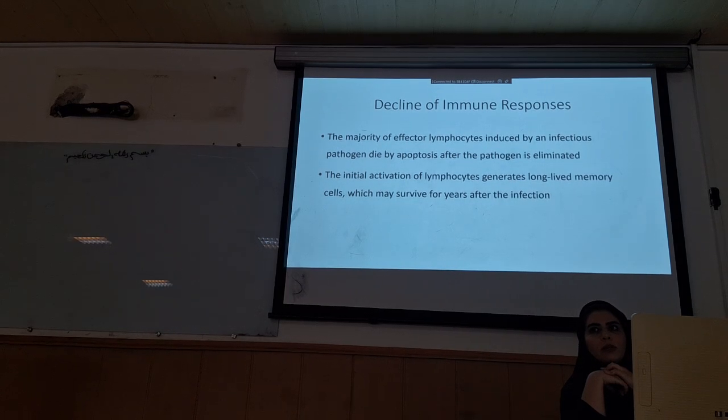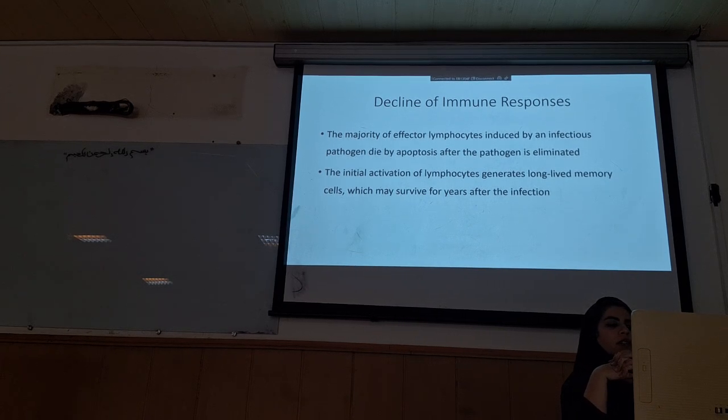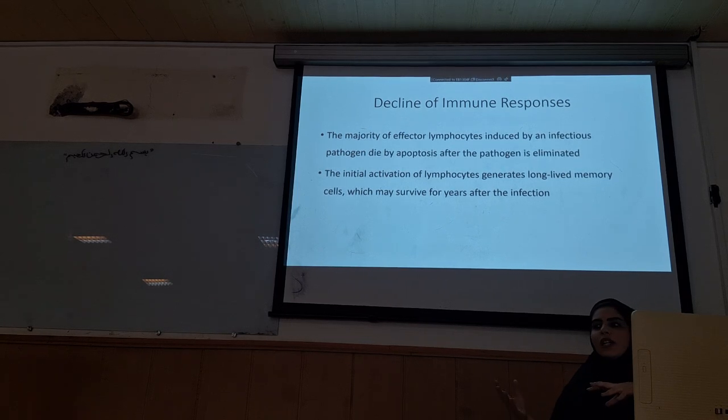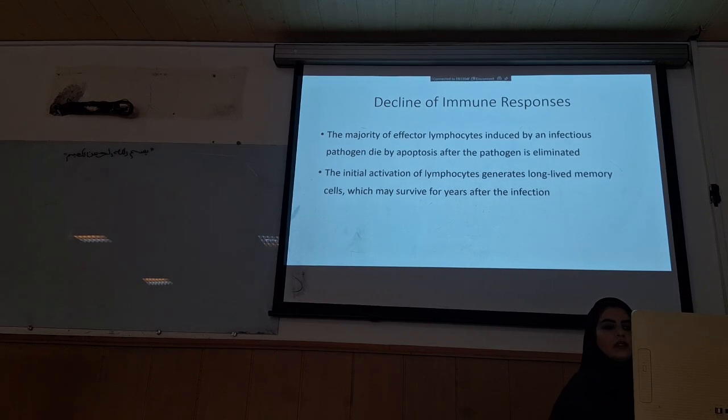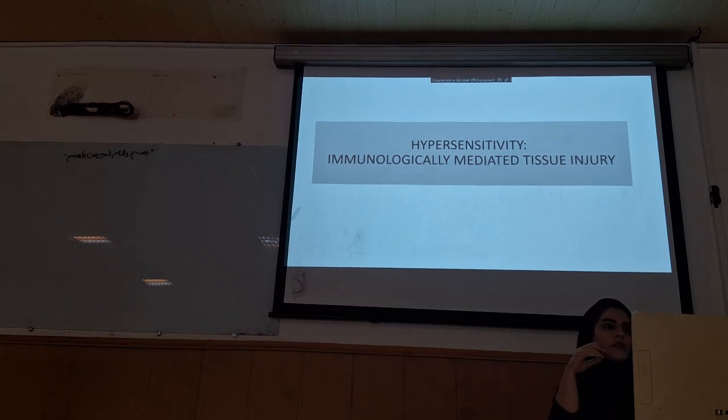Okay, they die by apoptosis when the pathogen is eliminated, and we have some long-lived memory cells which may survive for years after the infection for the second, probable exposure. Okay, with this, the concept of lymphocyte activation and adaptive immunity defense is finishing here.